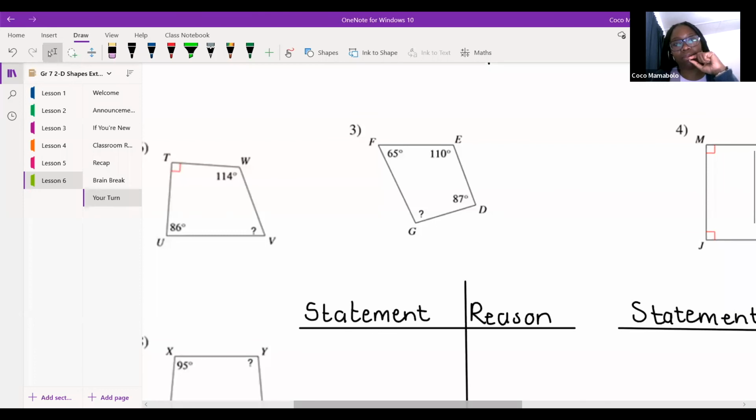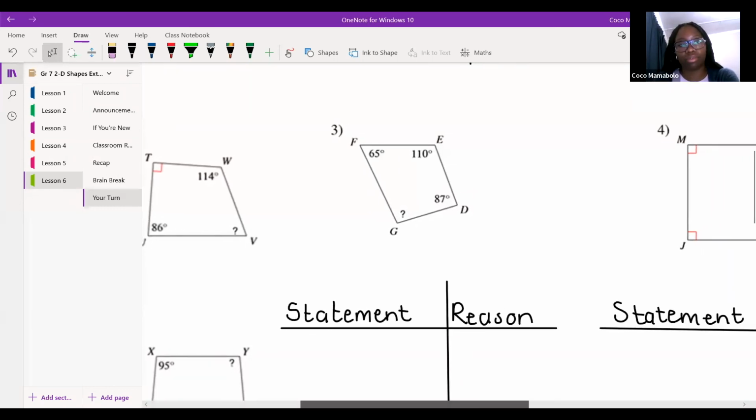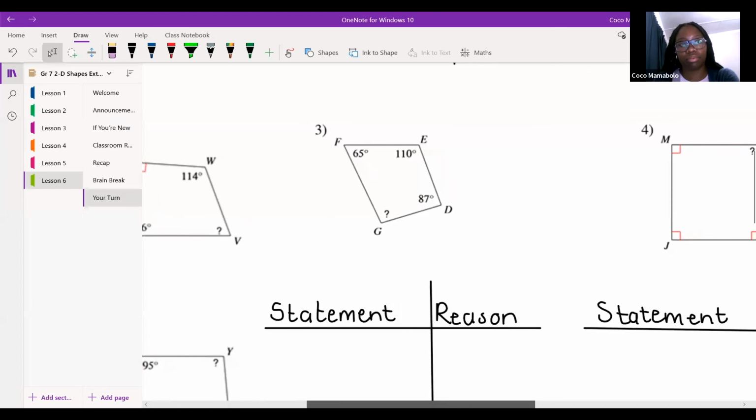Tiso, are you ready? Oh, no, Tiso's not here. Does anybody want to give number 3 a try? Anybody who's not Masichaba, because Masichaba knows the answer.